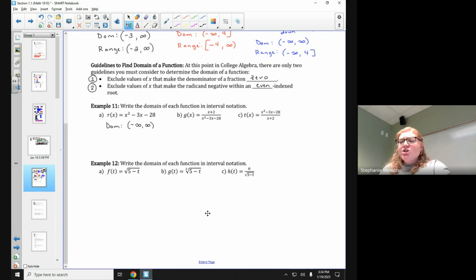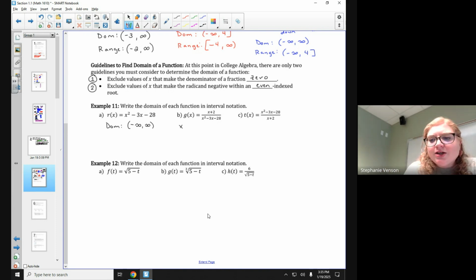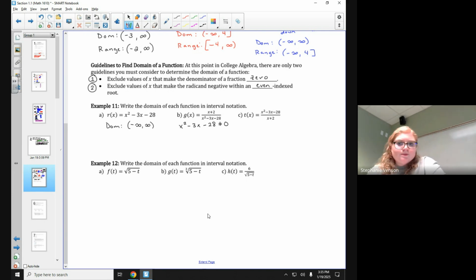Well, when it comes to the domain, I don't care about the numerator. I care about the denominator because we've learned since we were really little that we can't divide by 0. So I know that the denominator can't be 0. So let's write that out. x squared minus 3x minus 28 cannot equal 0.